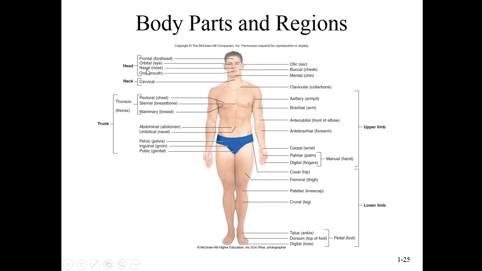Frontal, orbital, nasal, oral. Cervical. Have to be careful with this one because not only does it mean the neck bone, but it can mean pertaining to the cervix, right? A part of the female reproductive system.